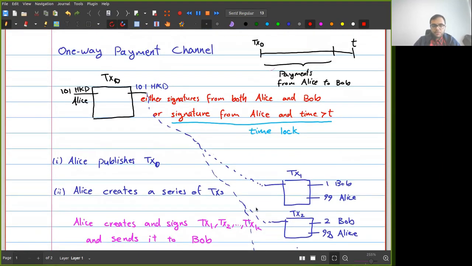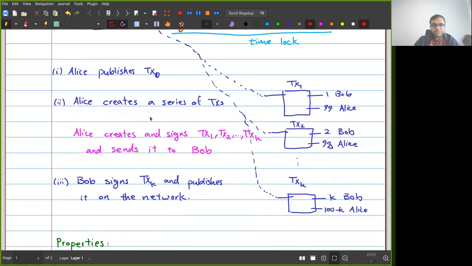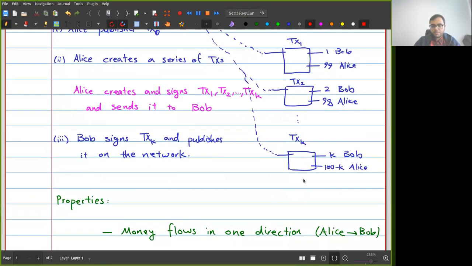If I want a payment from Alice to Bob, that payment is instant, because Alice can just create this transaction. Let's say I want to have another transaction K plus 1. Alice can just create that transaction on her own machine really fast, and then she can sign it and send it to Bob, and that's it. That's the end of the payment, right?